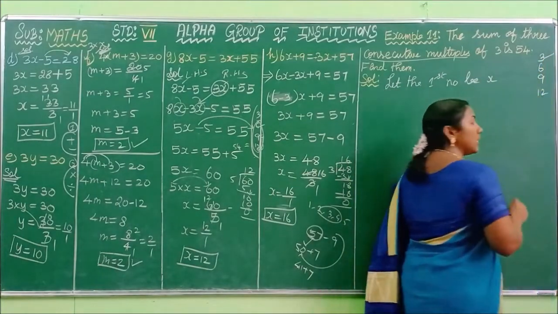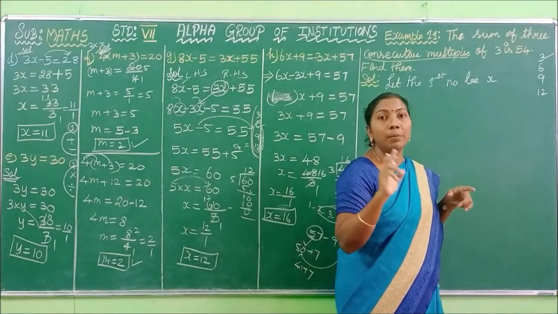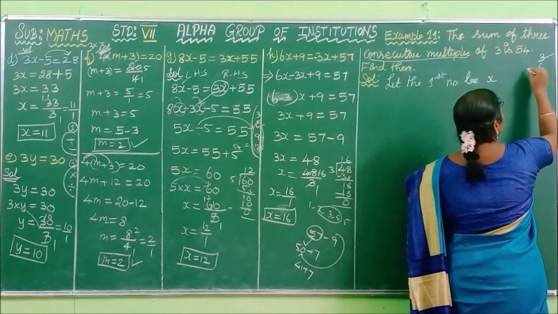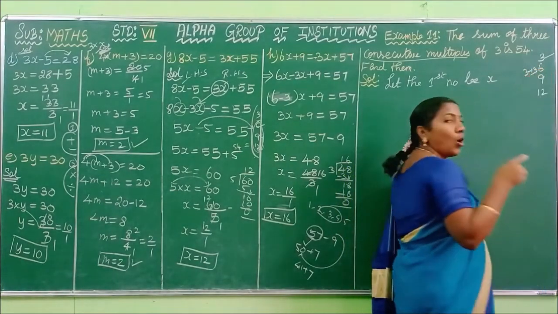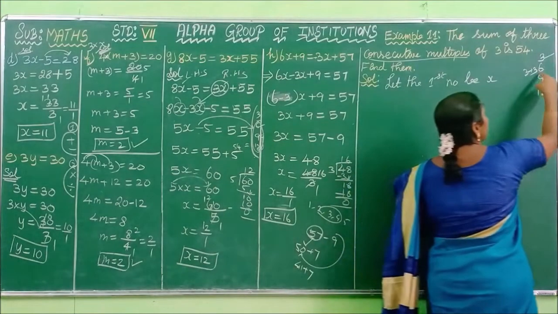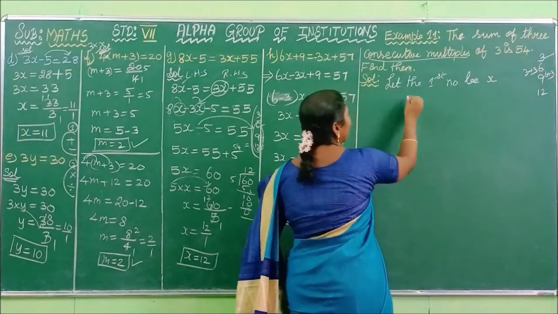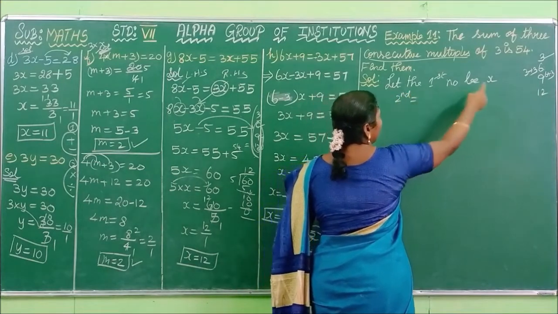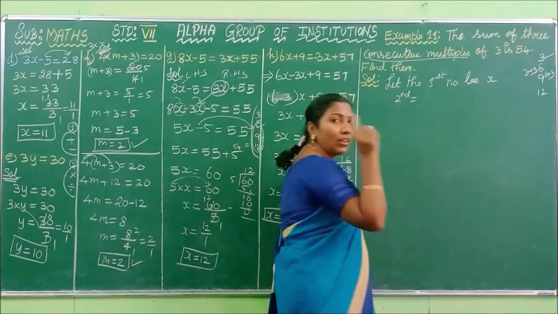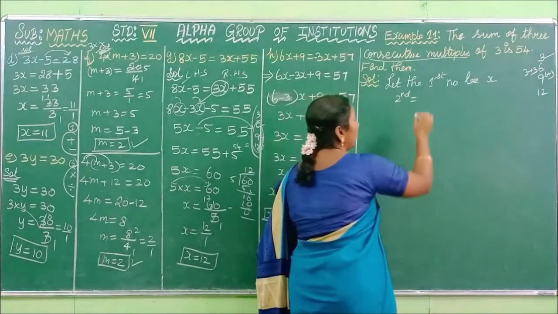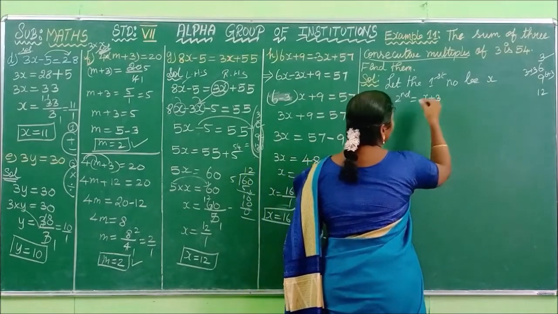What is the next number? 6. How do you get 6? 3 plus 3, you get 6. Similarly, how do you get 9? 6 plus 3, you get 9. So, what should be the second number? You add the 3 with the first number, you get the second number. So the second number is x plus 3.